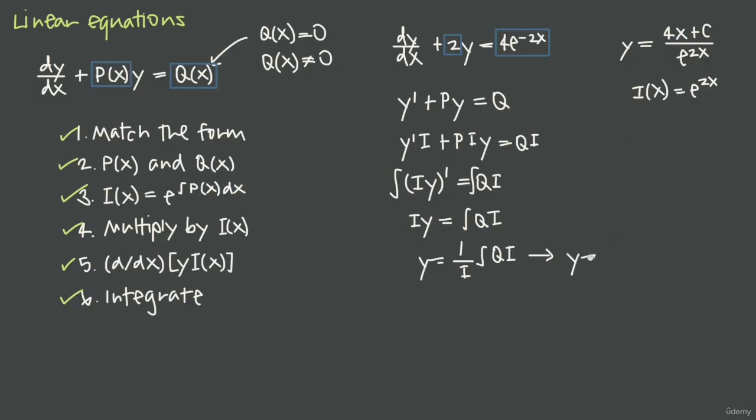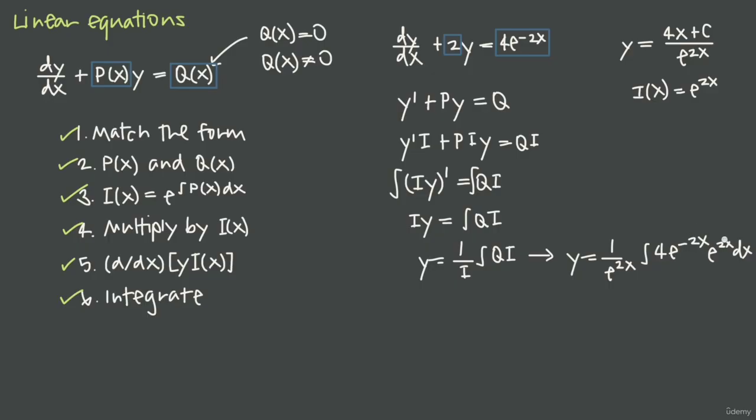So we get y is equal to 1 over the integrating factor, which we know is e to the 2x, multiplied by the integral of q, which is the function from the right-hand side, 4 times e to the negative 2x, multiplied by I, so e to the 2x, and then dx. E to the negative 2x multiplied by e to the 2x: we add those exponents.